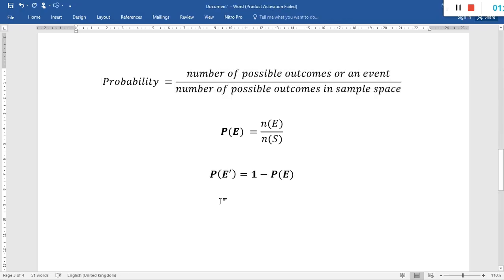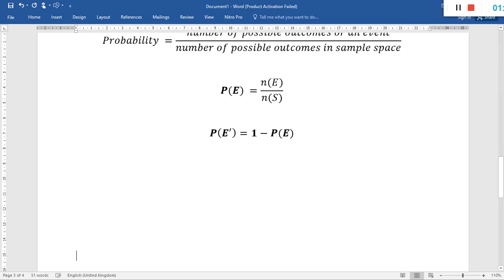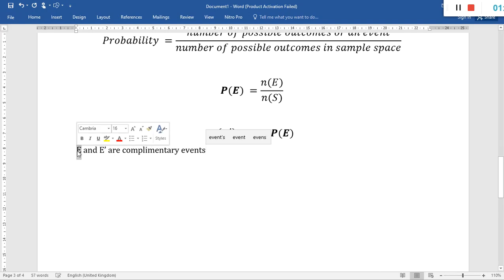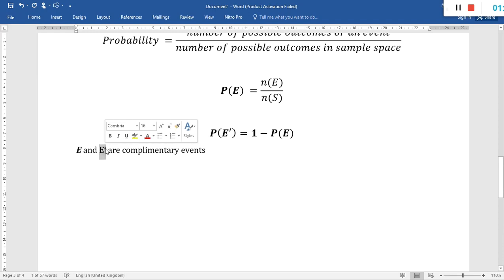So in this case now, for this reason, the event E and the event E prime are called complementary events. So these two events are complementary events.